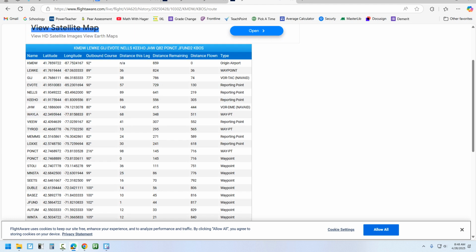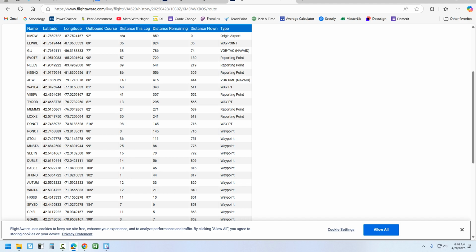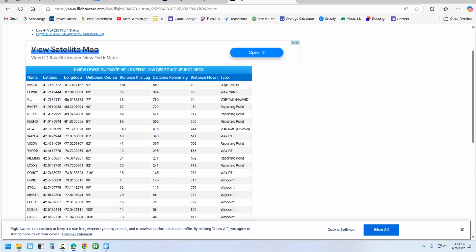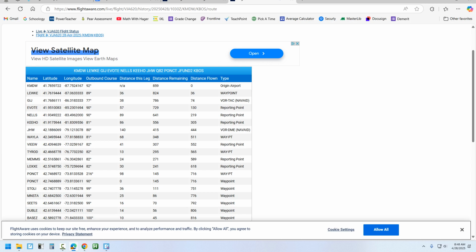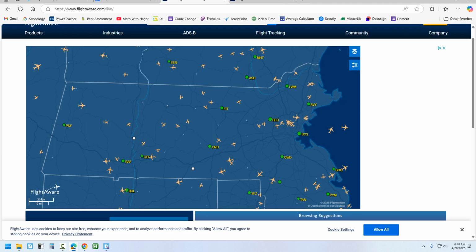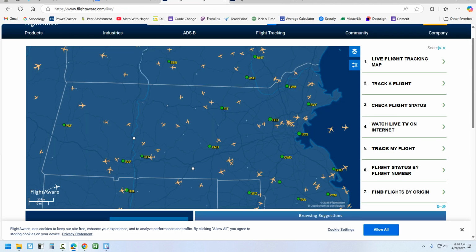This plane is pretty much traveling to the right. Occasionally, if it goes past 90, that's a little bit south. If it's above 90, that's a little bit north of east. But in general, it's heading to the east. So if I combine the direction that it's heading with its speed, that would give me the vector for the plane.